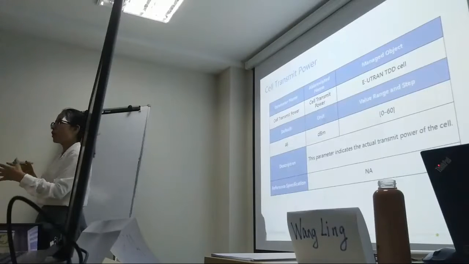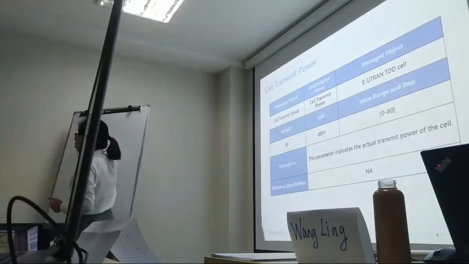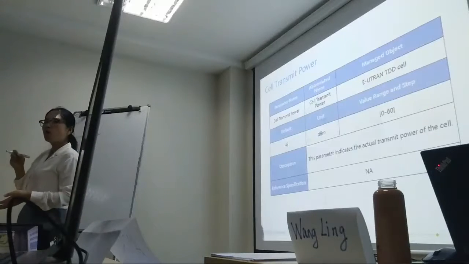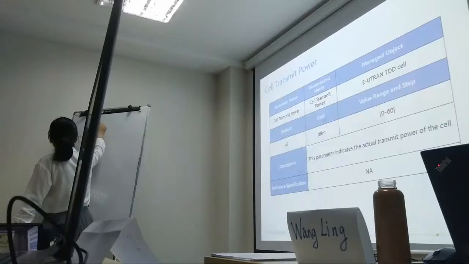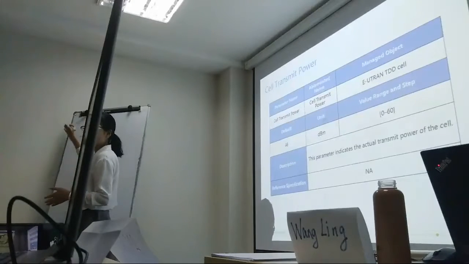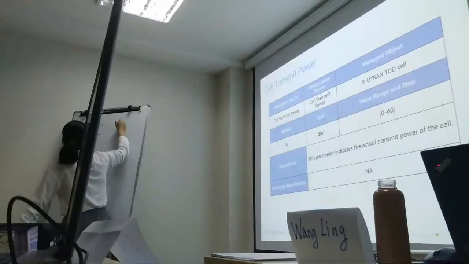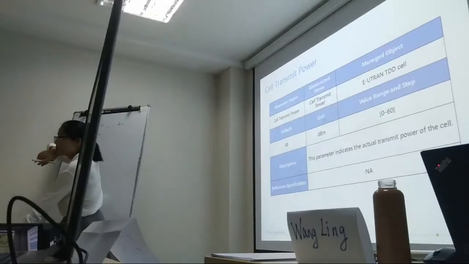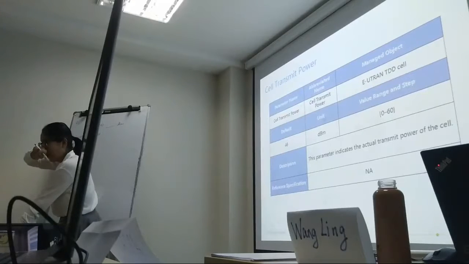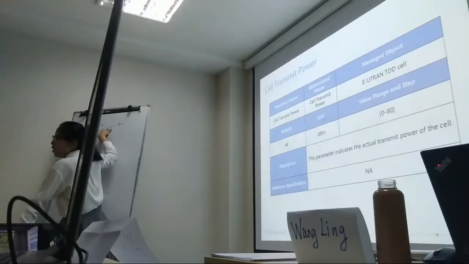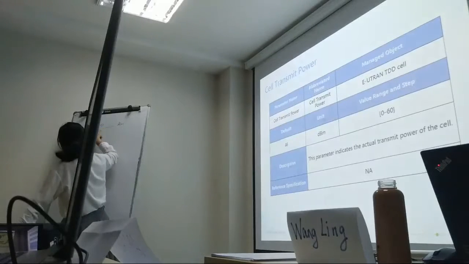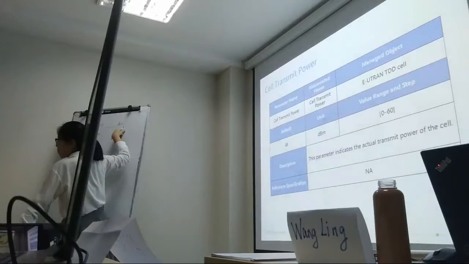But in our configuration, we don't use watts directly. We change it to dBm. So 40 watts equals how many dBm? Who can tell me? Change 40 watts to dBm.